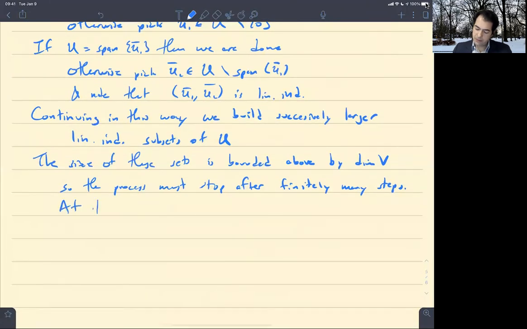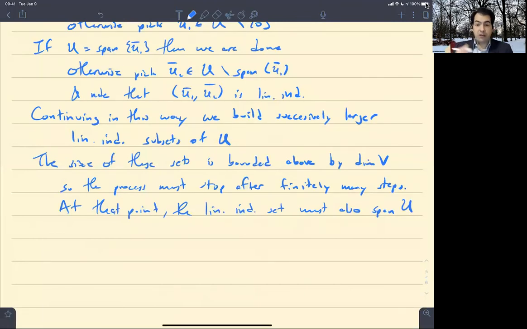At that point, the linearly independent set must also span U. Okay, so just by picking vectors in this way, we're guaranteed to find a basis of U. Okay, so that proves one, a finite set that spans U. So U is finite dimensional.